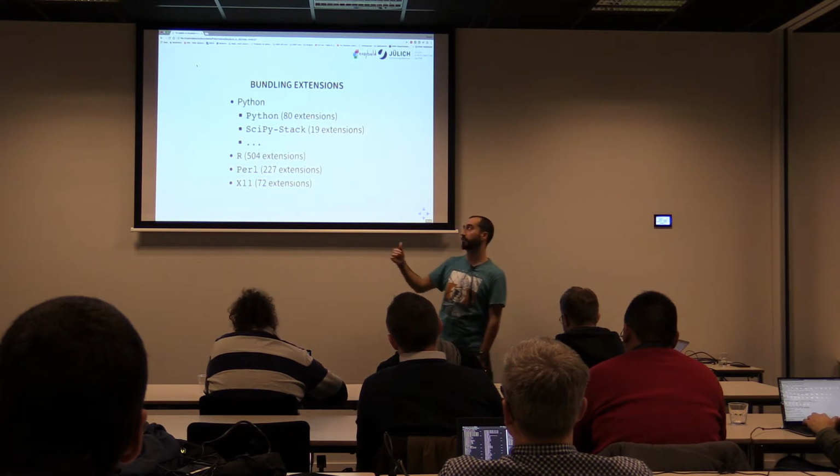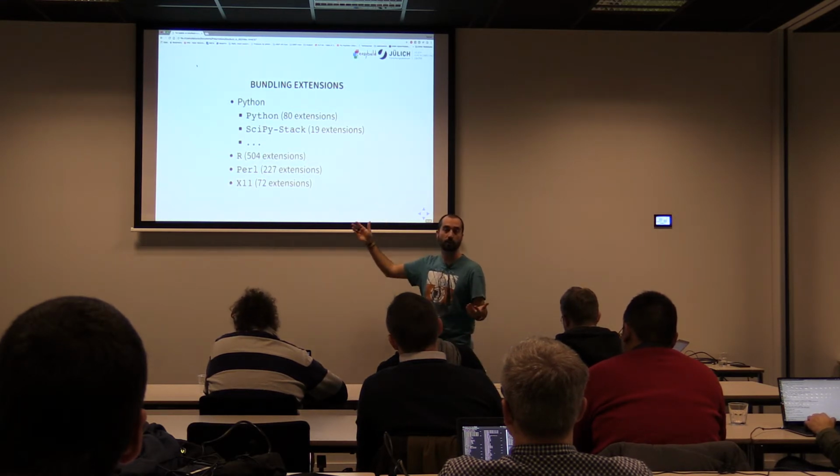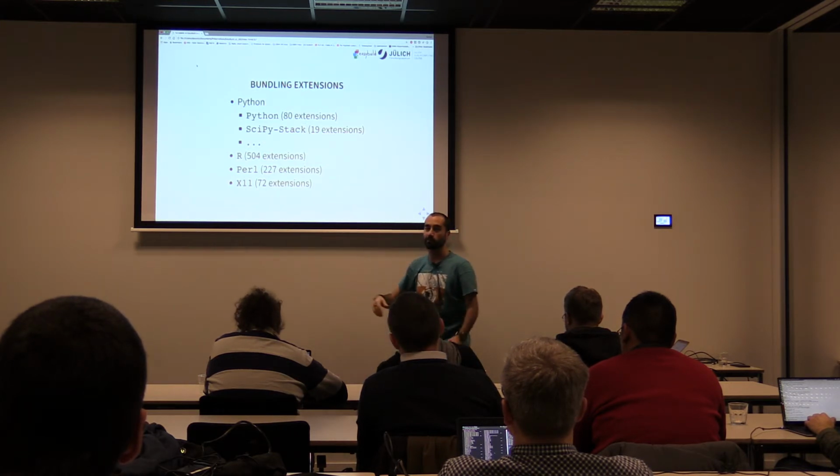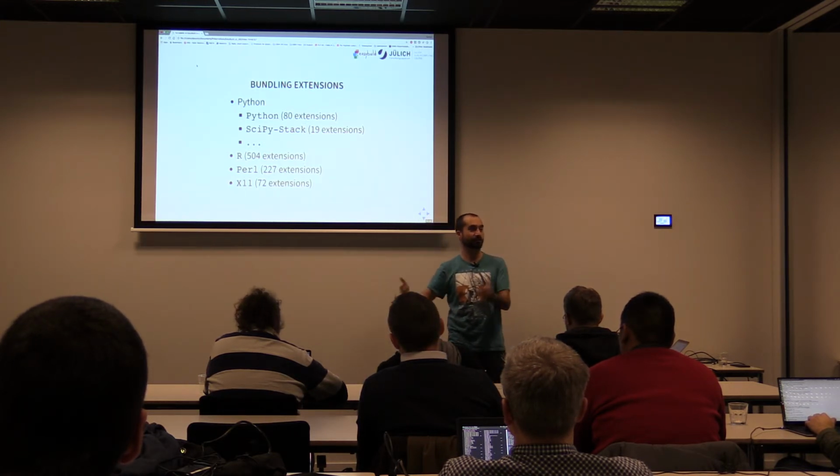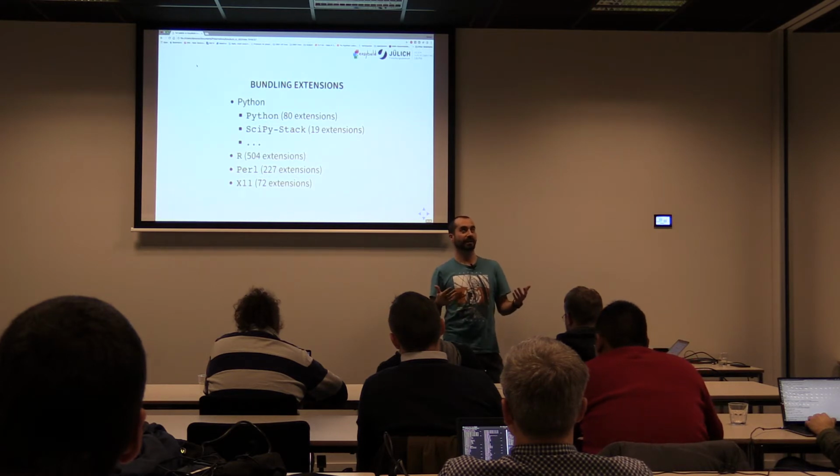What we had before, for instance, was IPython. We had it in the module called SciPy-stack, just because the SciPy stack includes IPython. But that's kind of stupid, because you might want to just use IPython because it's convenient. So just put it on the default Python module.